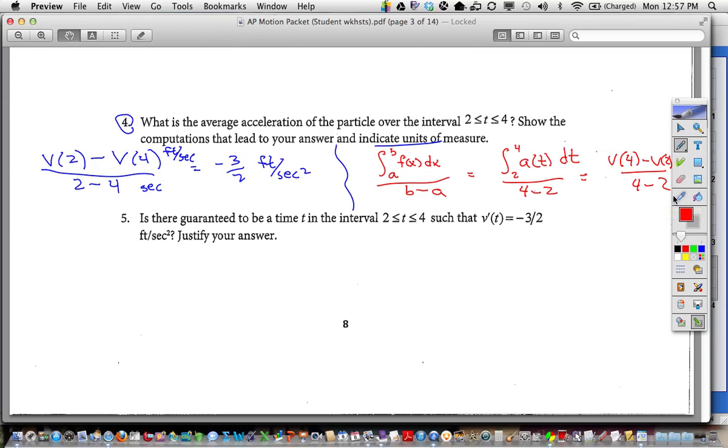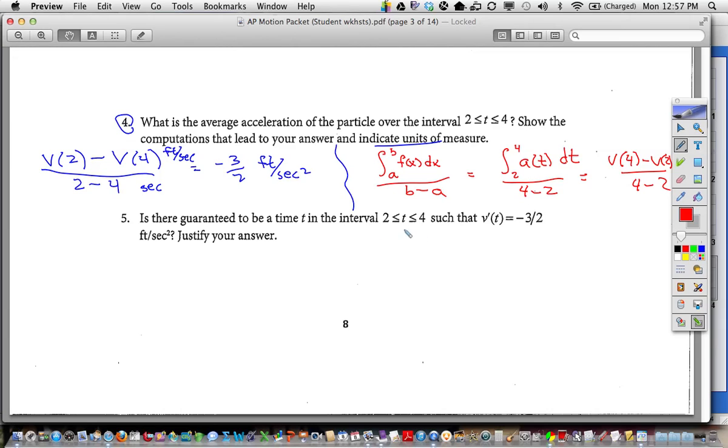Or you think of it as an average slope of velocity, it's the same thing. So they're really connected, as far as what they end up being. But either way, we get -3/2. So either way you thought of that is good, and I hope you can see both of them.